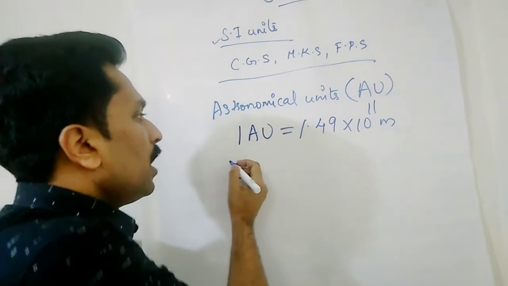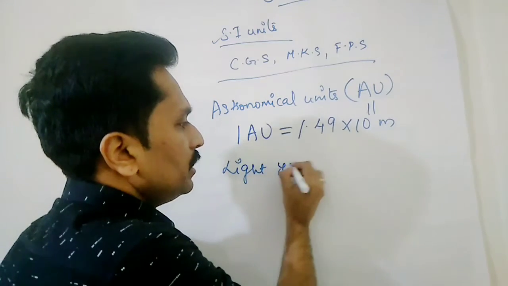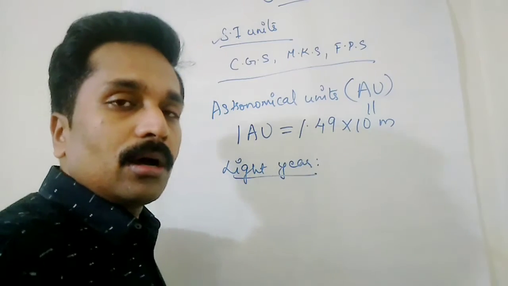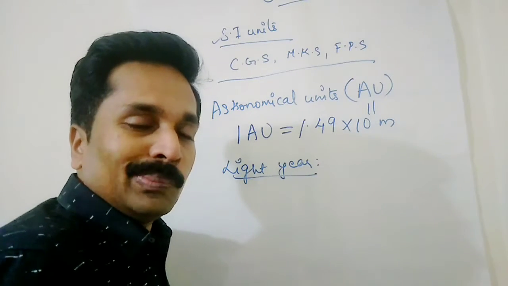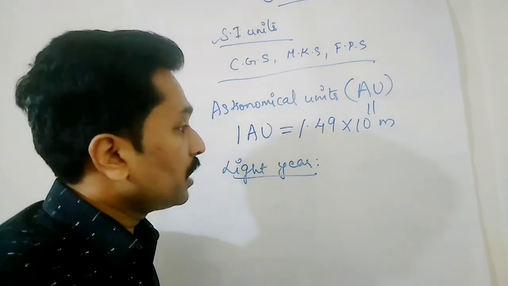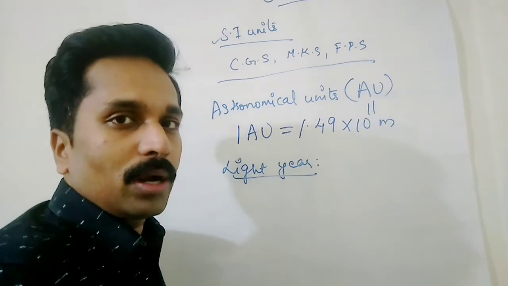Next one, you might have heard about light year. Light year is the distance traveled by light in vacuum in 1 year. What is light year? It is the distance traveled by light in vacuum in 1 year.